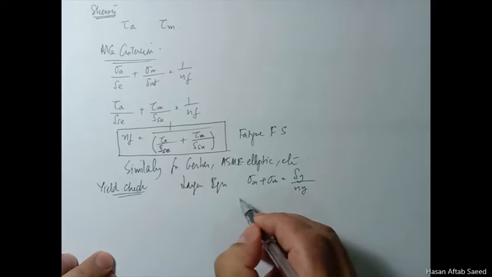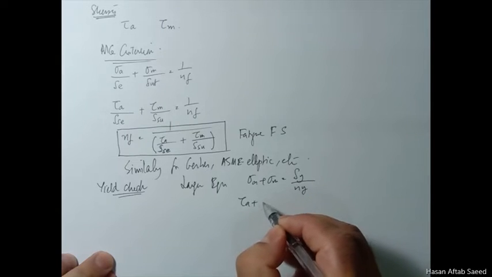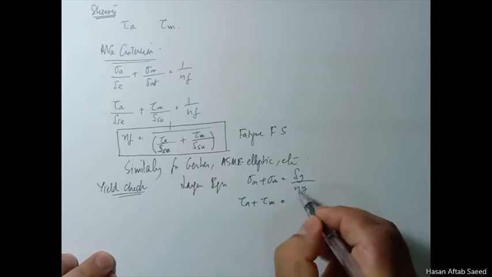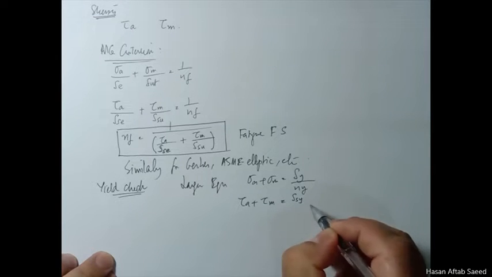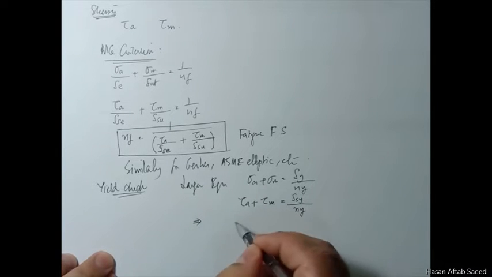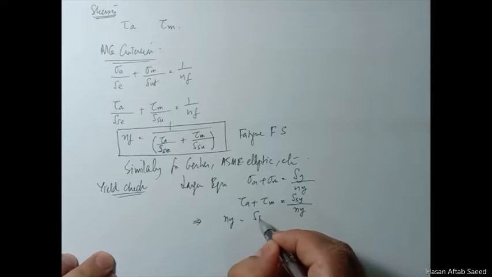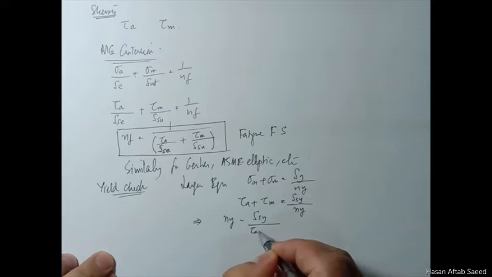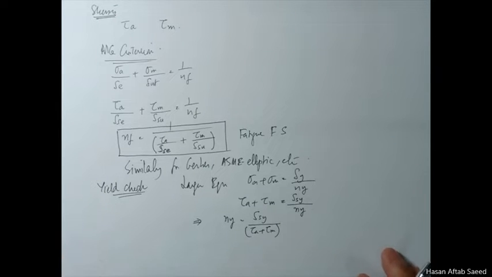And you just replace now because we are dealing with torsion now. Here in place of SY, you'll have SSY, yield strength in shear. Or in other words, ny is equal to SSY over tau A plus tau M. This is your yield factor of safety.